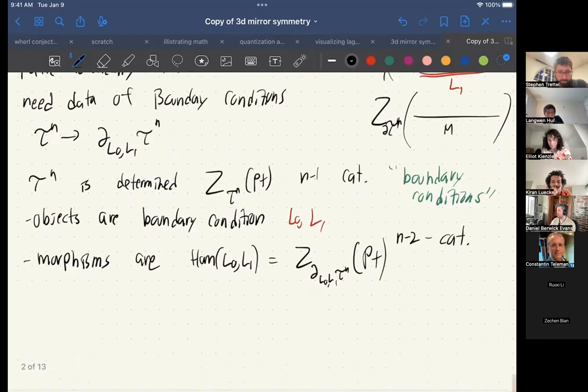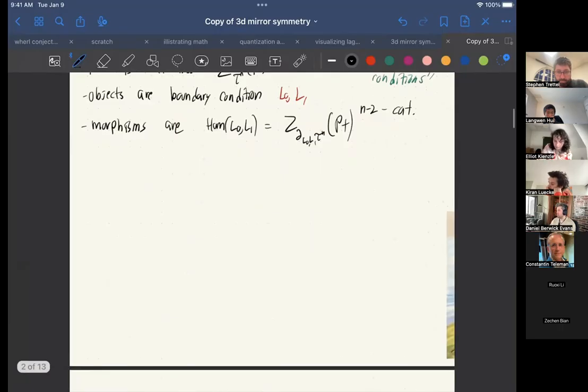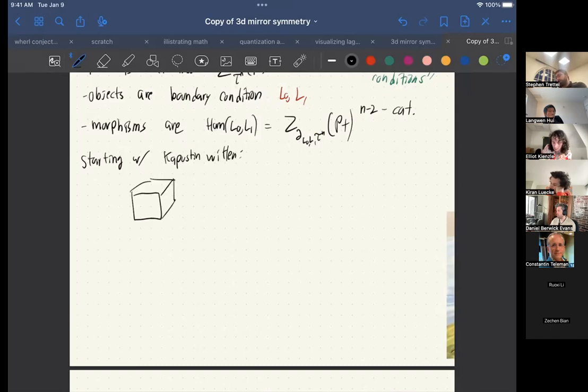Okay, now starting with our Kapustin-Witten TQFT, we can sort of take these boundary conditions all the way down. So we're going to start with this four-dimensional theory, which is like a little draw like this sort of hypercube picture. And on here we have two twists.